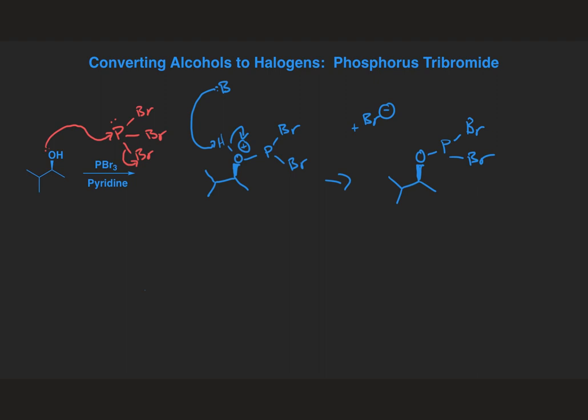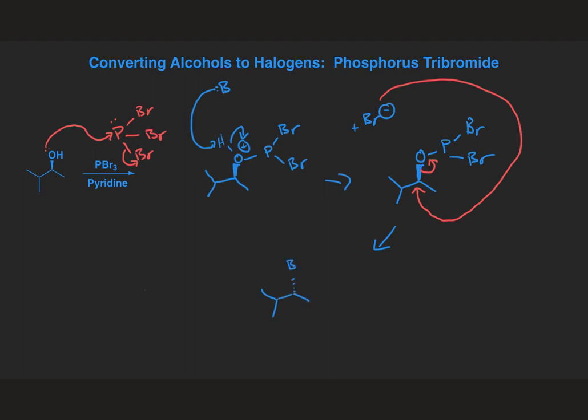And so Br minus is going to come in and attack this carbon and kick off that OPBr2 in an SN2 type reaction. So remember, SN2 is inversion.